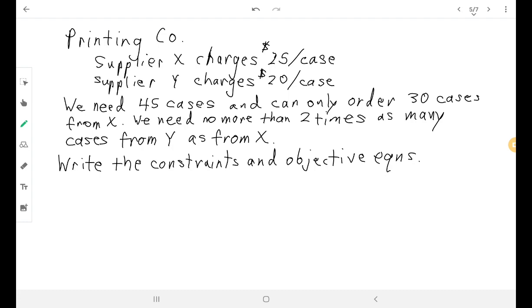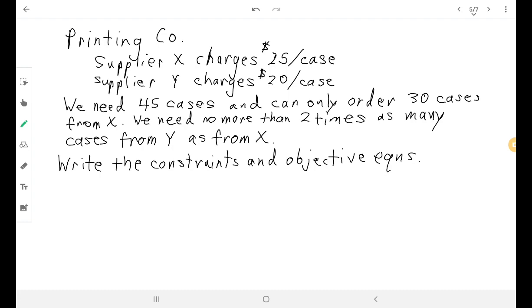So if we order the 30 cases from supplier X, the most that we're going to order from supplier Y is 60 cases, no more than twice as much, no more than 2 times as many cases, okay?